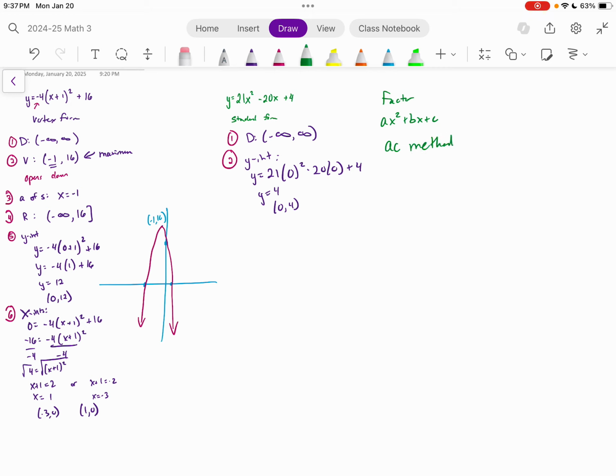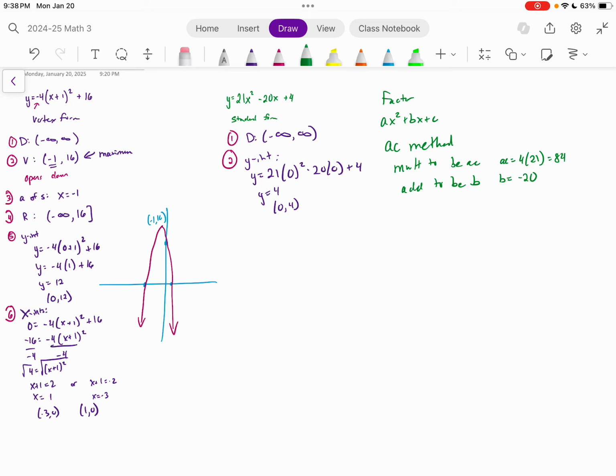And the AC method said we multiply to AC, add to B. So AC in this case is 4 times 21, or 84. And B is negative 20. So we're looking for numbers that multiply to be 84, and add to be negative 20.